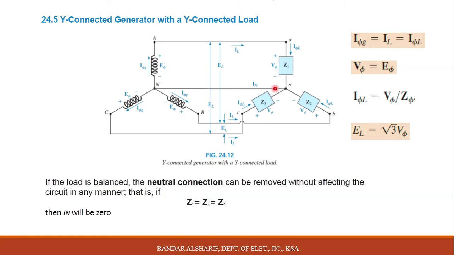If it is unbalanced, we need the neutral connection. Then In will be 0 if you add all the currents, I phase 1 with I phase 2 with I phase 3. If you add them, you will get 0.